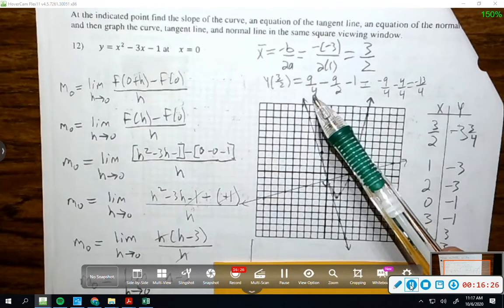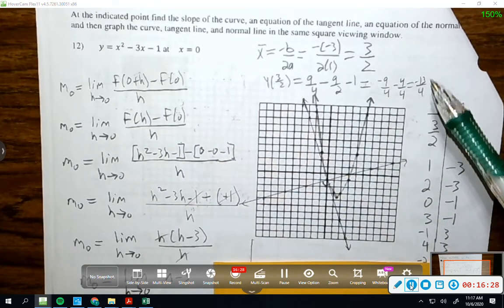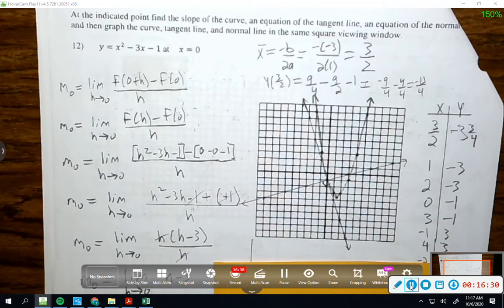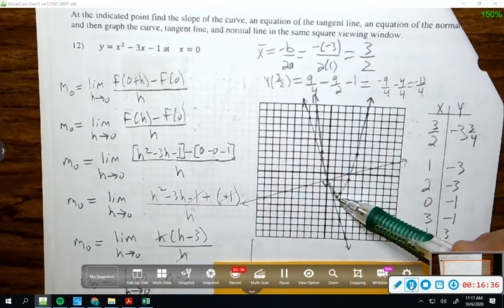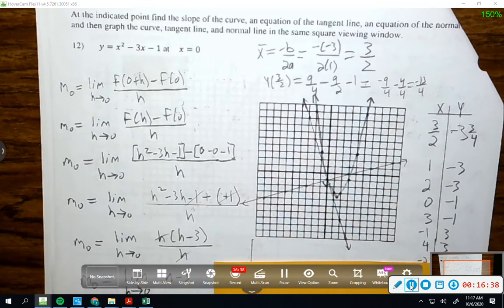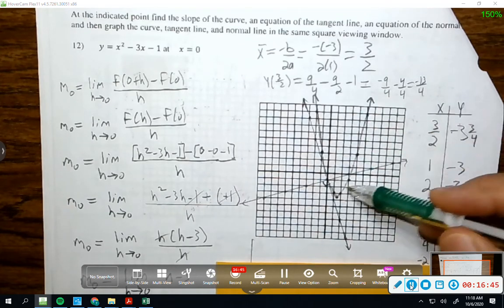I show the work right here, and you get negative 13/4, or negative 3 1/4. So I'm going to the right 1.5, down 3 1/4. That's where my vertex is going to be to get a nice, accurate graph. But then I can just plot points to the right and left and get the idea of this parabola. Okay?